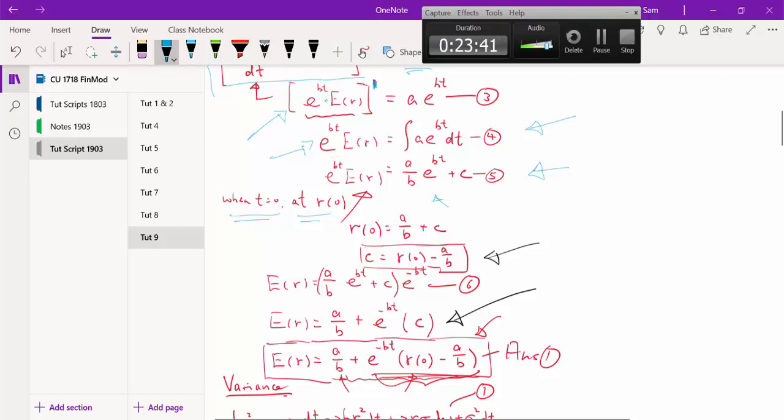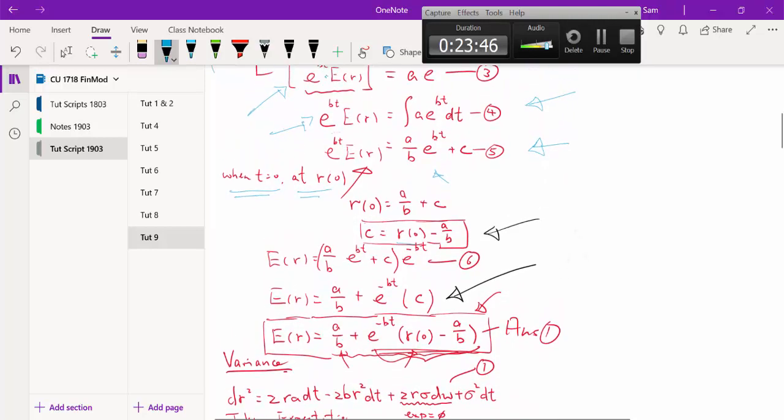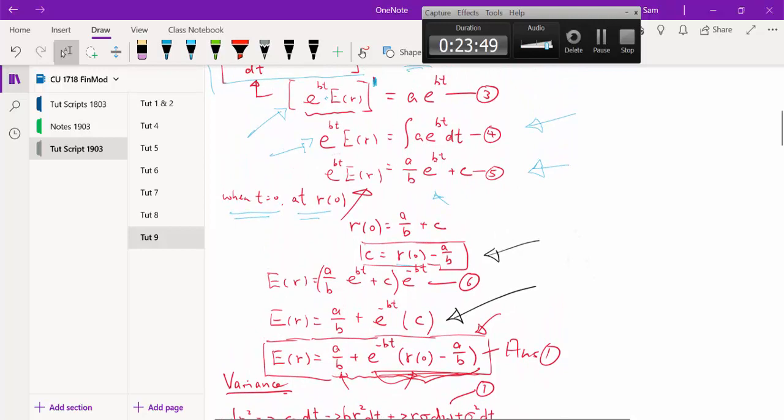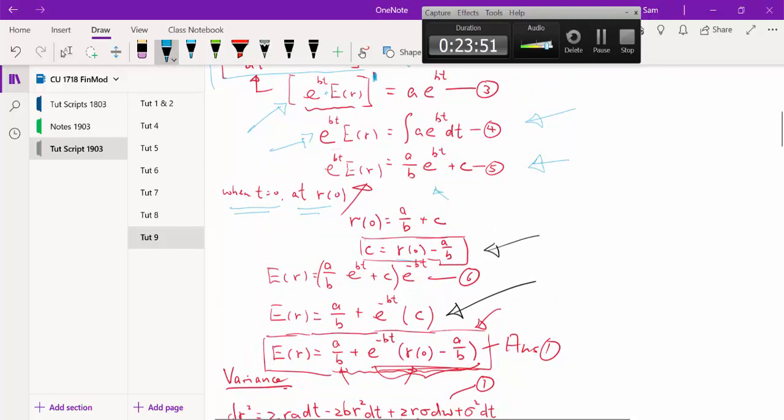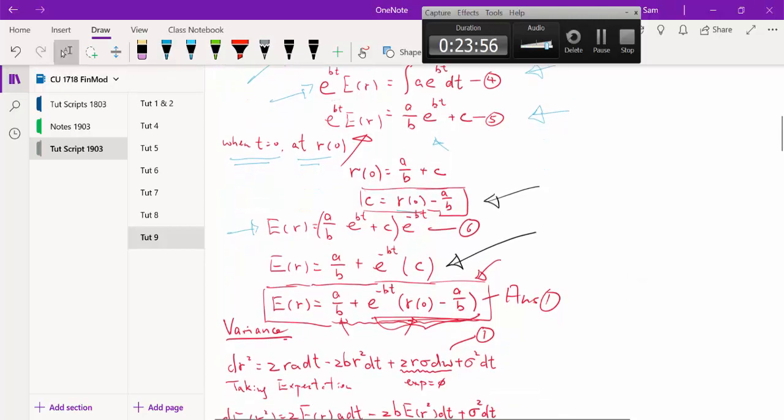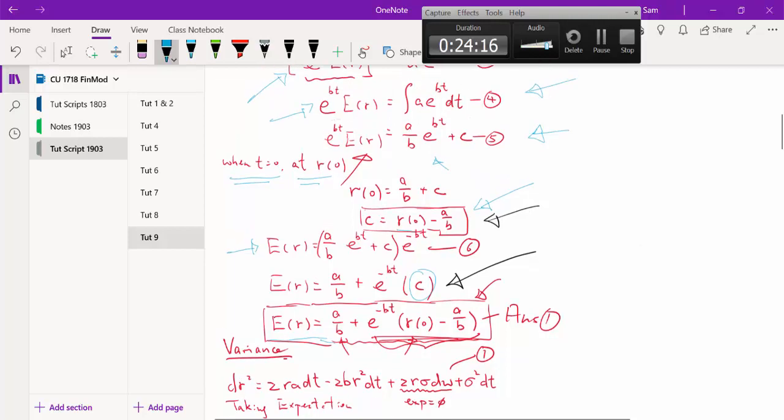So you get the constant c is equal to r naught minus a over b, and you plug that back because you already have this formula here, and then you plug the c back, and the expectation is therefore a over b plus e to the minus bt, and then you just substitute the c with what you discovered earlier. Okay, so that's what you do.